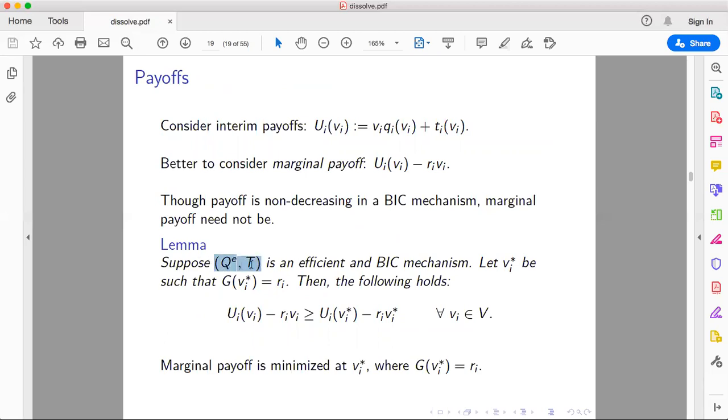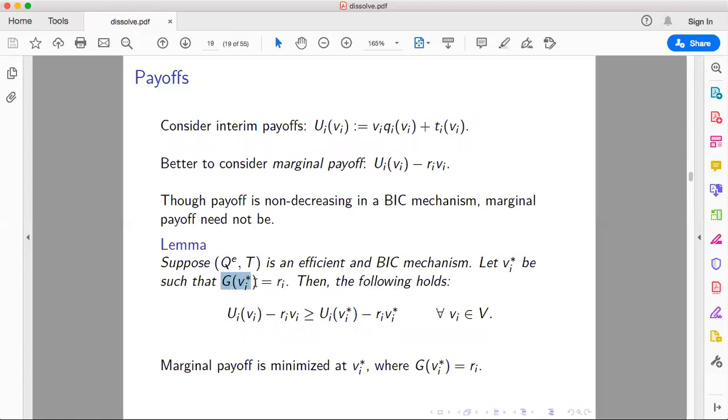And so last time what we observed is that if I take any efficient and Bayesian incentive compatible mechanism, Q, E and T, then the marginal payoff of an agent is maximized at this type V star I, where V star I is just the type at which the interim allocation probability is equal to its property right, or its share, Ri.